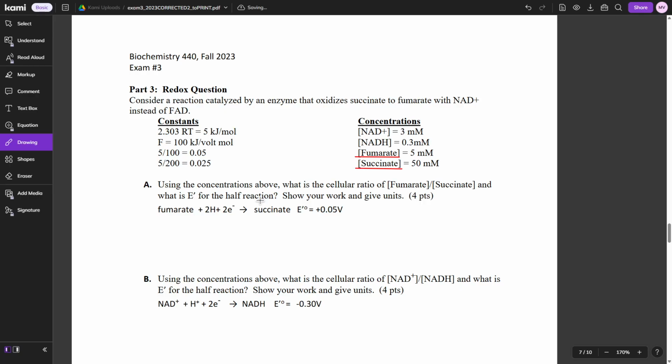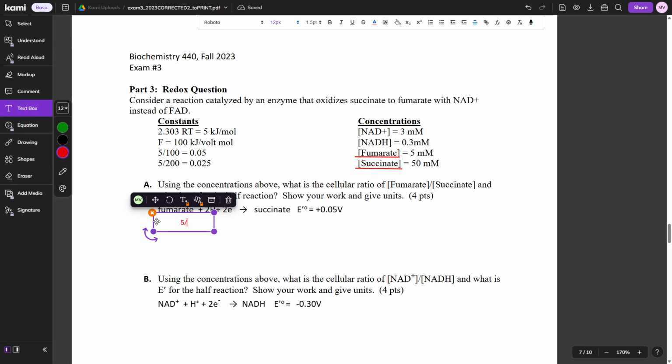So 5 divided by 50 equals 0.1. What are the units for this? Nothing, there are no units because the millimolars cancel out.